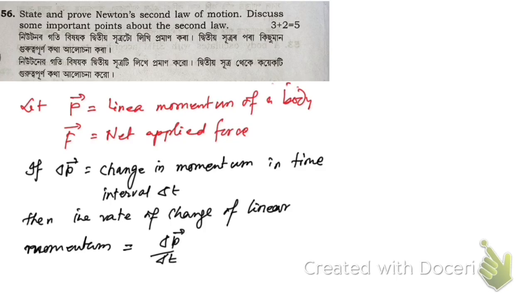Del P by del T. Now if del T is a very small interval of time, that means if del T tends to 0, then we can write limit del T tends to 0 of del P by del T, which is nothing but dP by dt, which represents the rate of change of momentum.